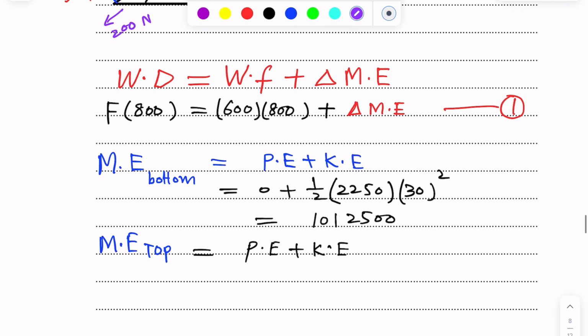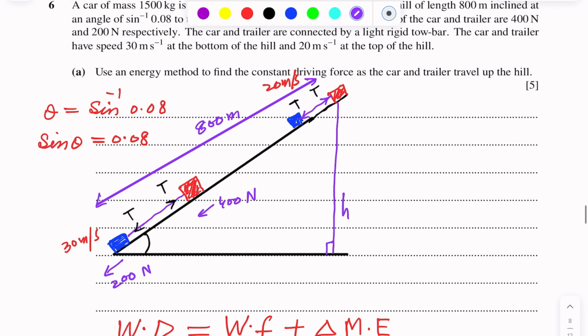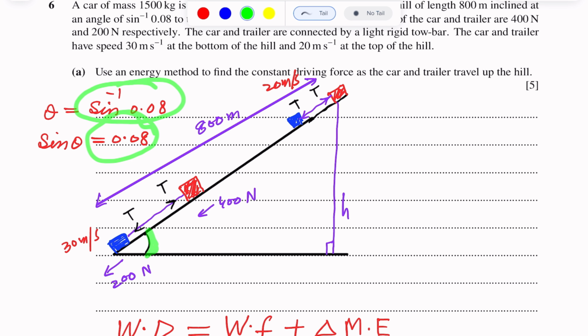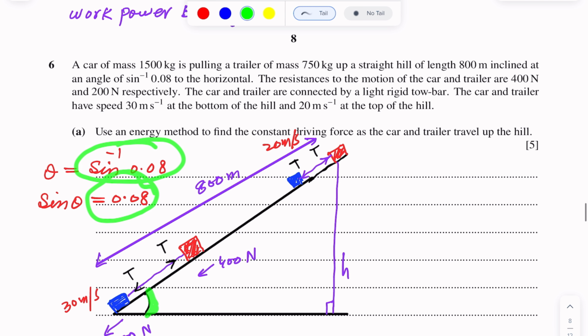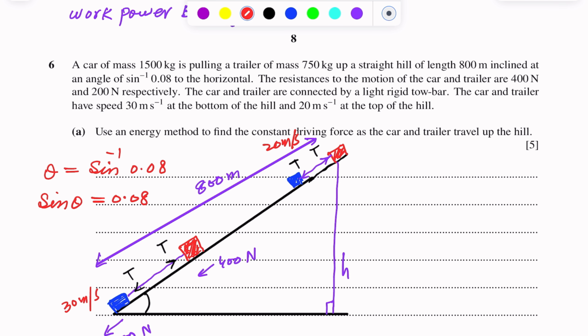We will find this height h using a trigonometric ratio. Perpendicular over hypotenuse is equal to sine of this angle, which is given. Sine theta is 0.08. From here height is equal to 64 meters.